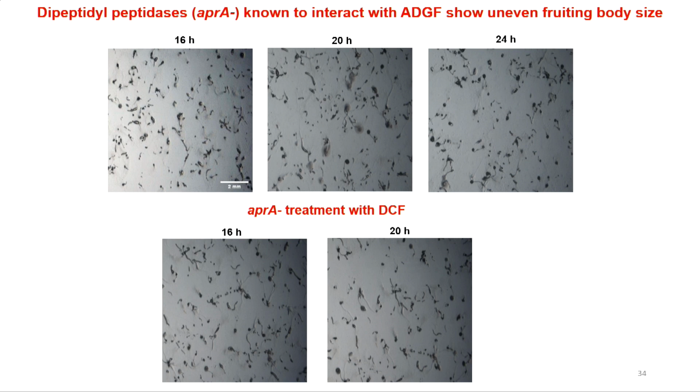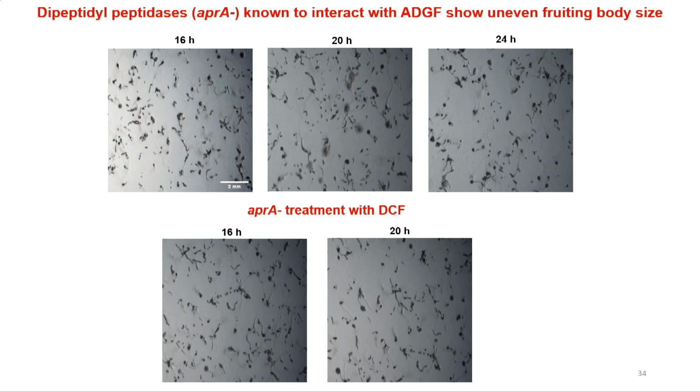Then we wanted to check what human ADA is interacting with. Human ADA is known to interact with dipeptidyl peptidase. The equivalent of dipeptidyl peptidase in Dictyostelium is called APRA. We obtained the mutant, and when we abolished the function, we found no phenotype here.